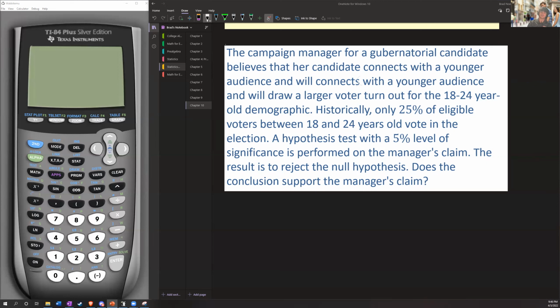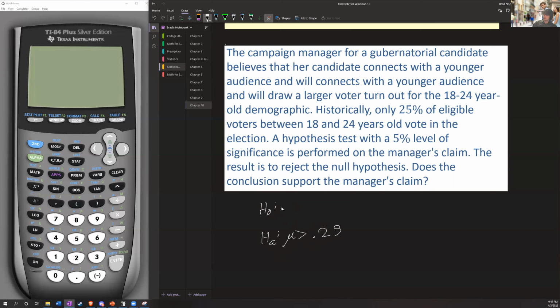So, as a reminder, I'll just note what my null hypothesis and my alternative hypothesis are. My alternative hypothesis, this is what I want to prove, or what I want to show is true, is that they connect and will draw a greater turnout. That is to say that my turnout average mu will be greater than 25%, or 0.25.